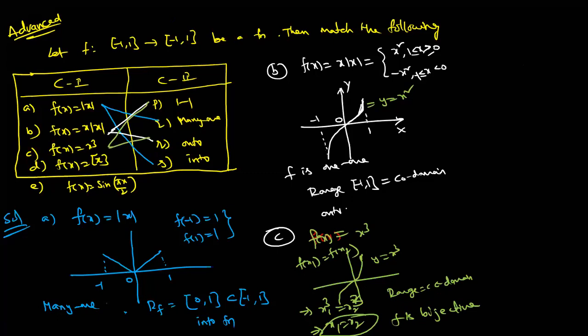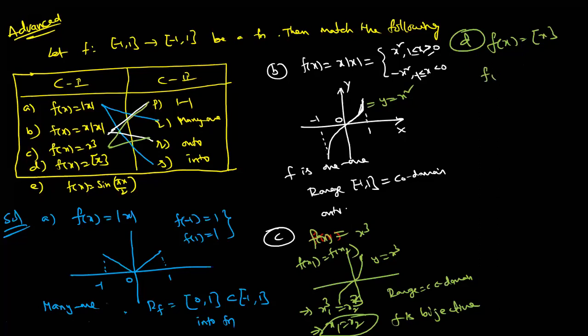What about D? Anyone? D. f(x) = integral part of x. Now some students are asking, I'm not drawing the graph, okay, without drawing, I can say. How can you say? Anyone?